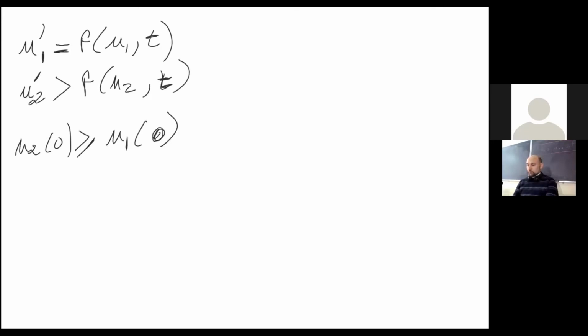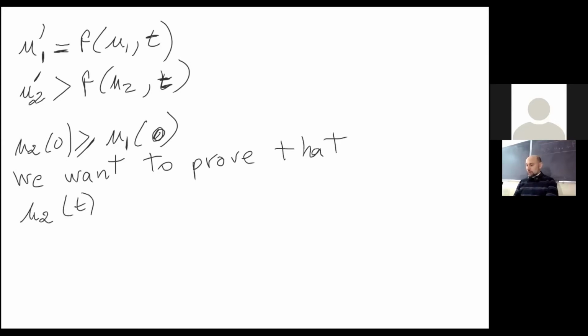So then we want to prove that u2 of t remains greater than u1 of t. So u2 of t, sorry, is greater than u1 of t for all t greater than 0. We assume that everything is well defined on the real line.